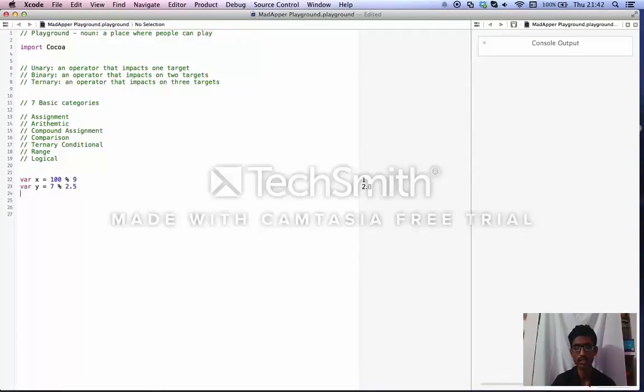So I have done modulus 2.5, and you see over here it's giving me the float value back. That's the difference from Objective C and C, where you could only do this with integers. You can actually do it now with Swift with float or double and floating point numbers.